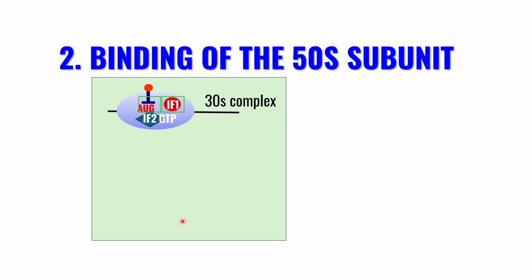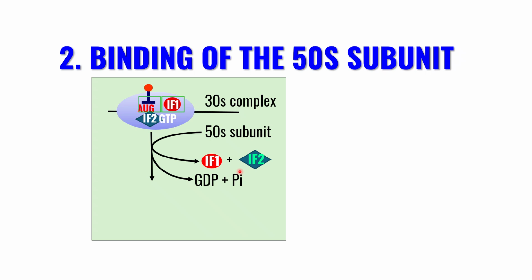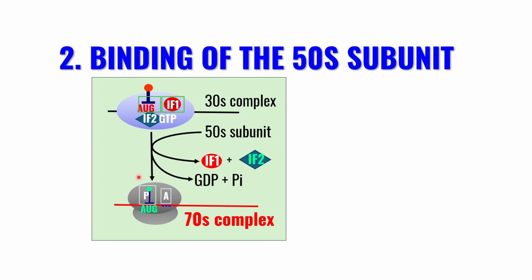In the second step, the 50S subunit binds with the 30S complex, releasing initiation factors 1 and 2 and hydrolyzing GTP into GDP and inorganic phosphate as a source of energy, with the formation of the 70S initiation complex. This complex has the P site occupied by initiator tRNA, whereas the A site is empty, ready for elongation.